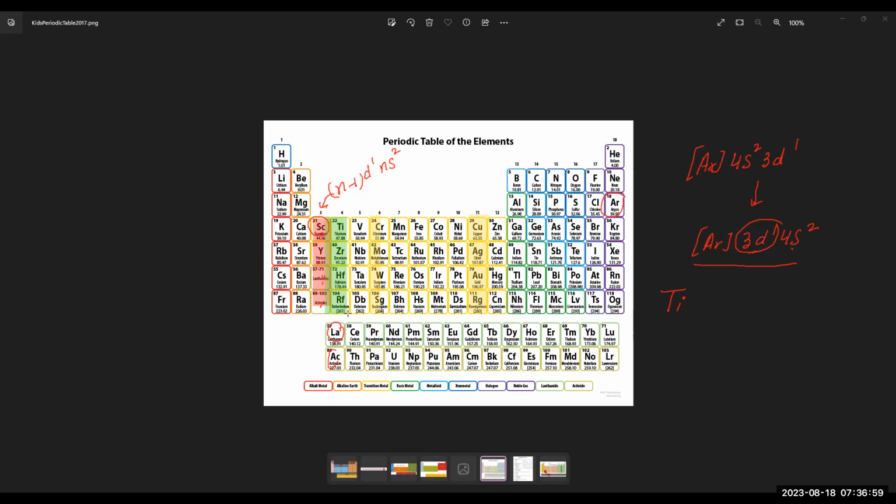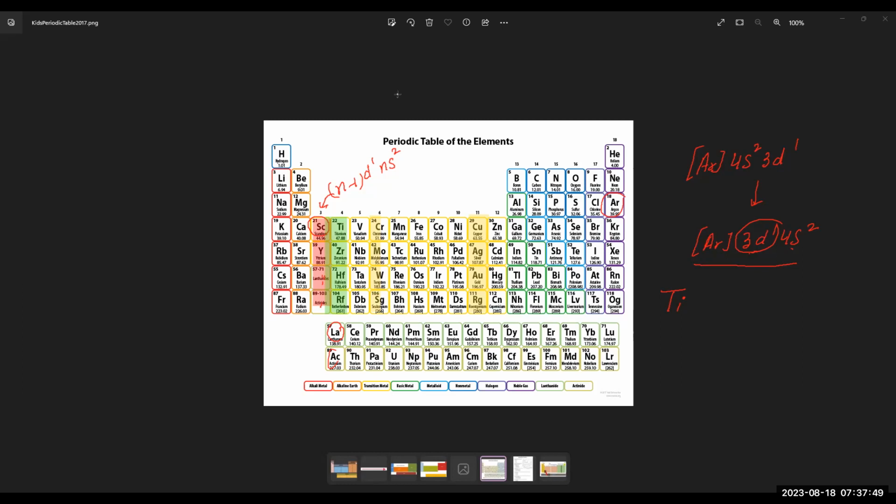So first you write the configuration of titanium and then convert that into the general configuration. Okay, good. Can we keep going on now?